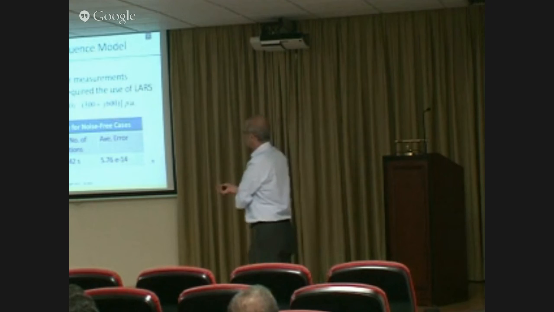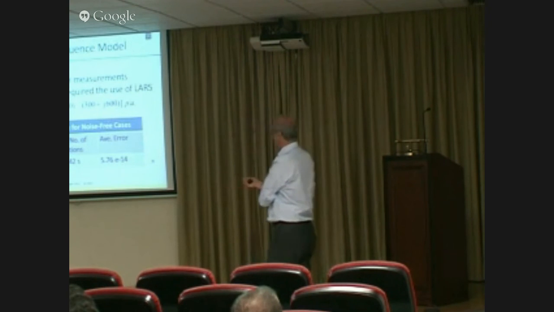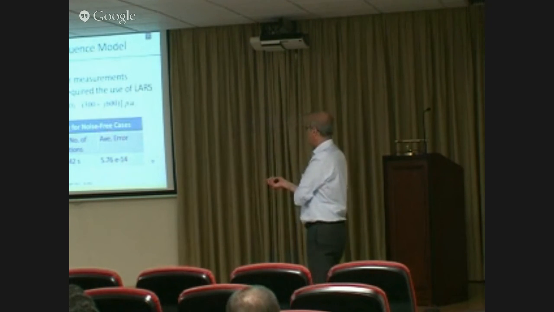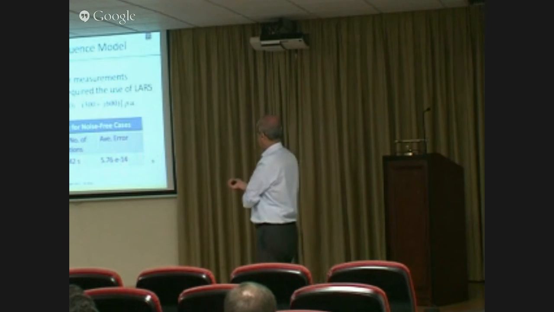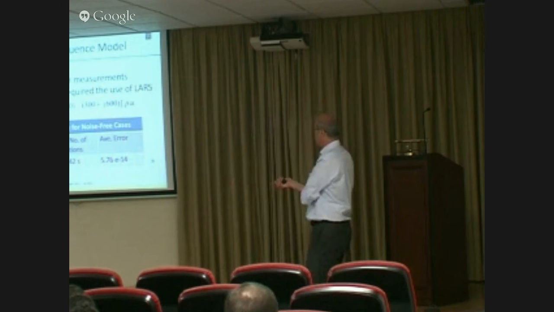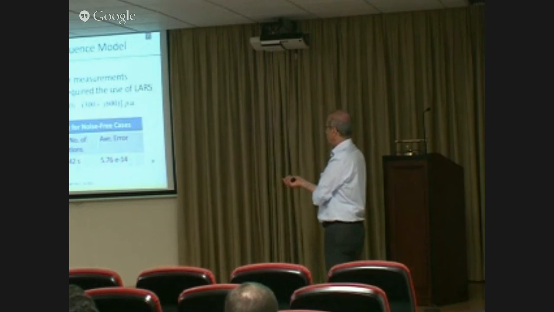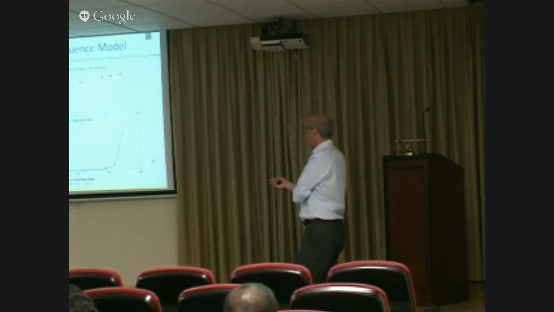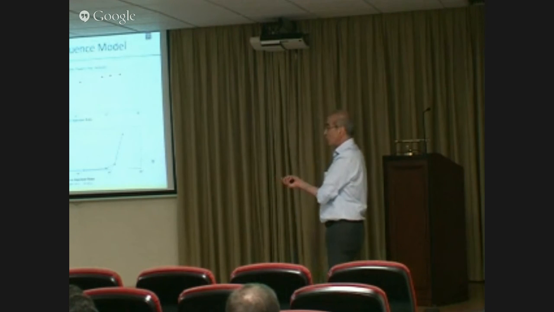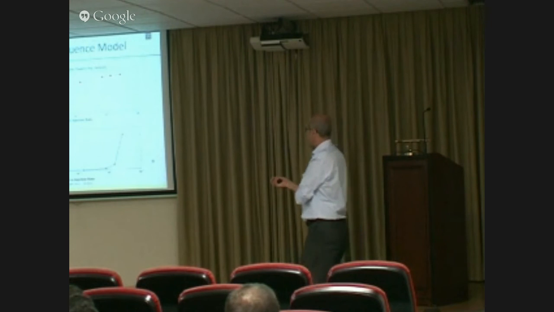So with those, we run this, and for the noise-free case, you can see that the average error was almost zero. So it was pretty reliable in this case. On the other hand, as you keep adding noise to the measurements, the performance got worse.